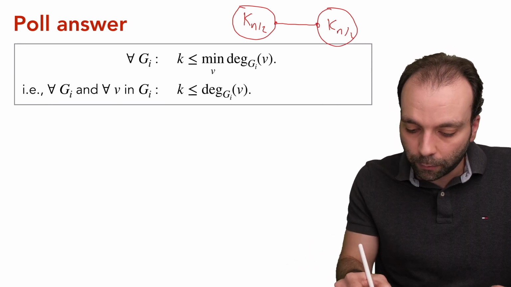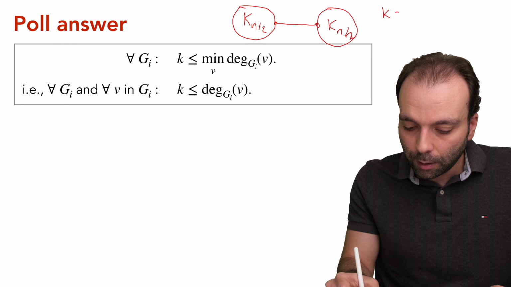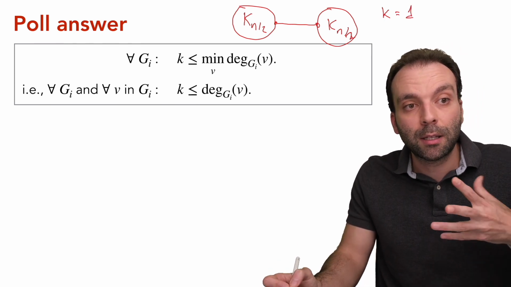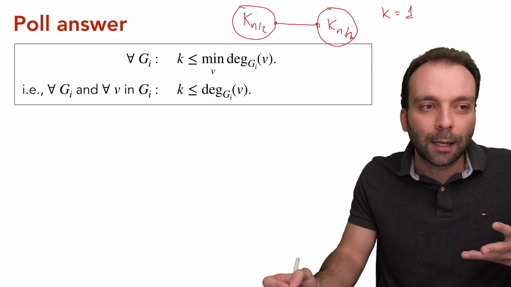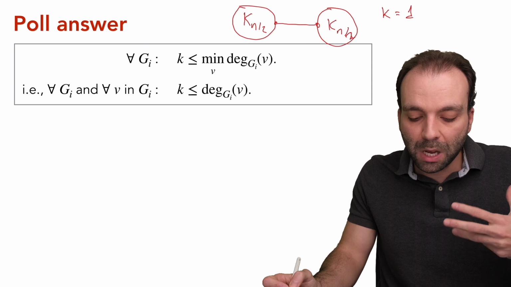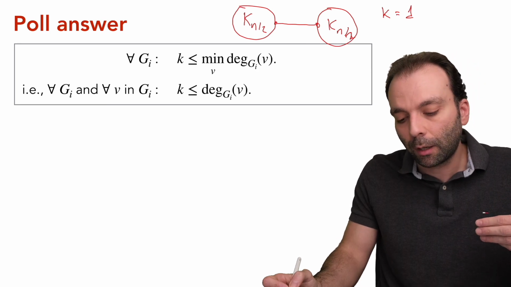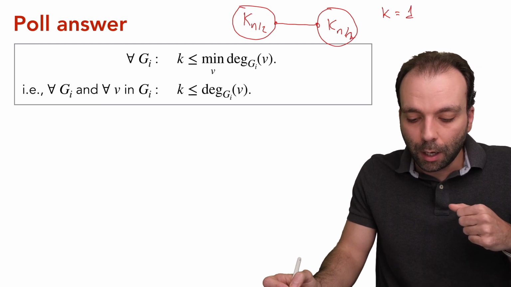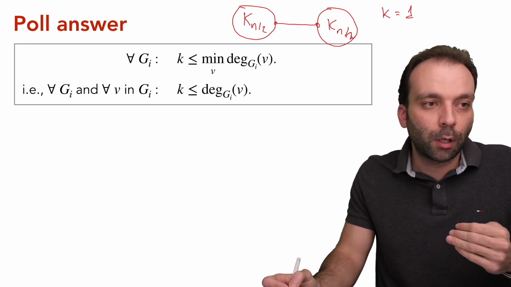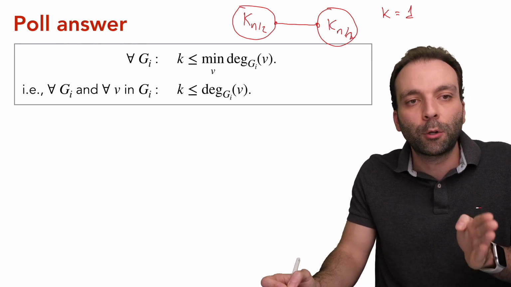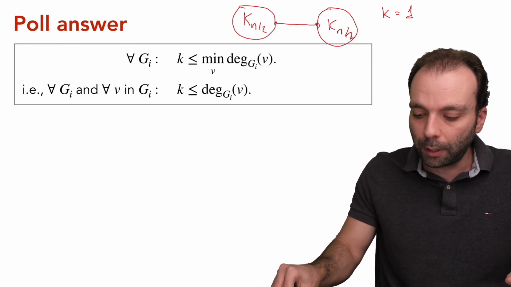Here, of course, K is equal to 1, and the minimum degree, on the other hand, is about n over 2. So it's definitely not the case that the minimum degree is a lower bound on the size of the cut. But K is upper bounded by the degree.